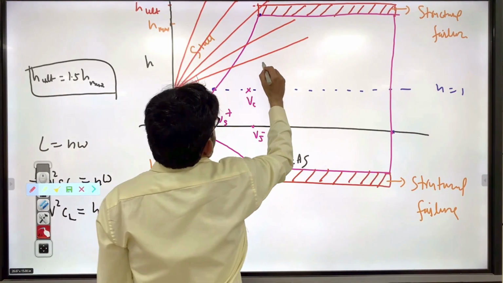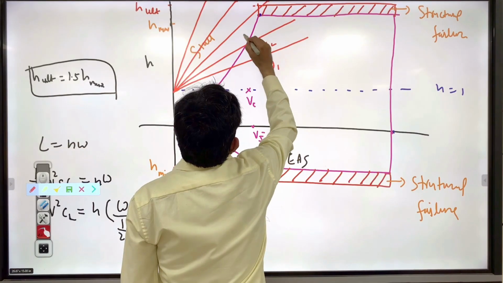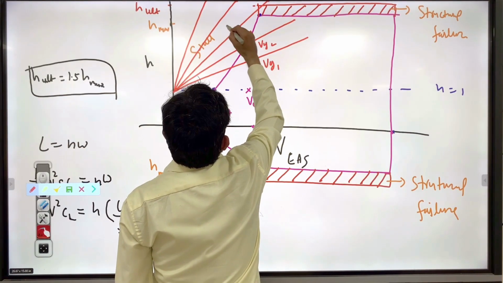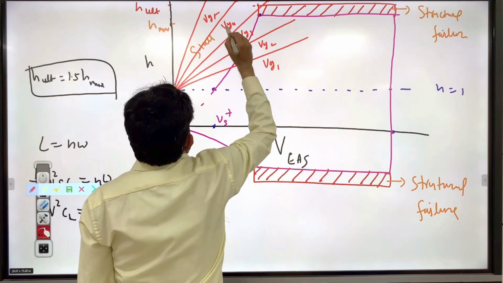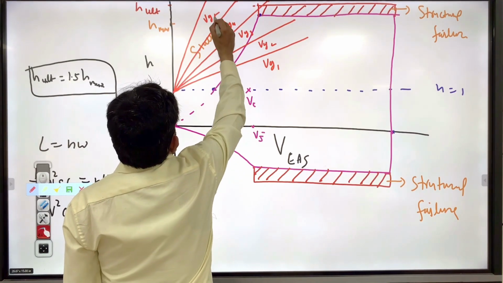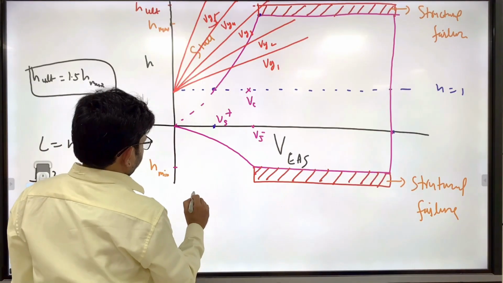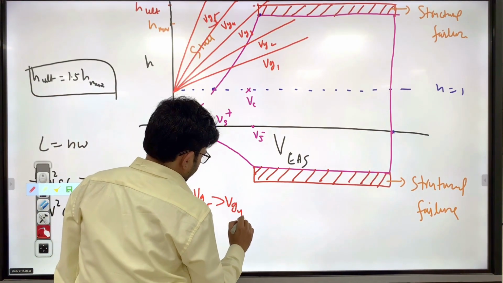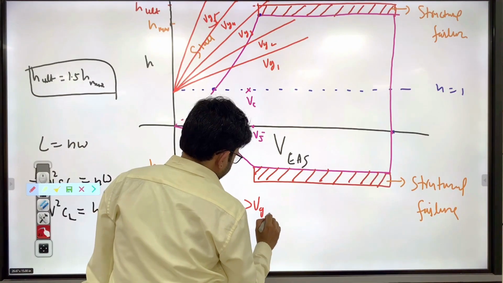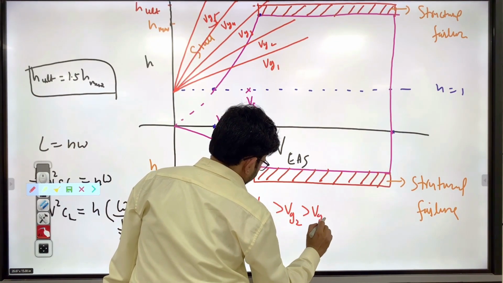So let's say this is Vg1, Vg2, Vg3, Vg4, Vg5. So clearly Vg5 is greater than Vg4, greater than Vg3, greater than Vg2, greater than Vg1.